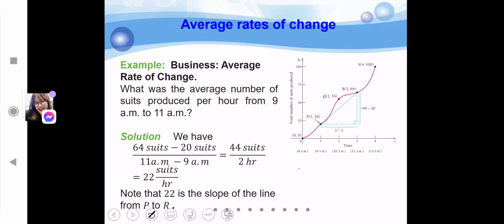As you know, P has coordinates (1, 20), and R has coordinates (3, 64). Two points, so it is easy to find the equation. The slope of PR is easy to find.